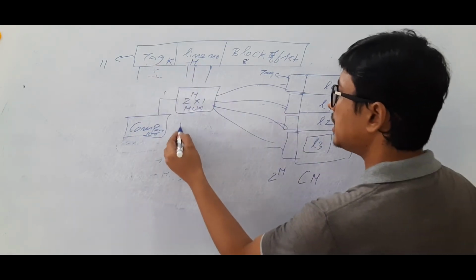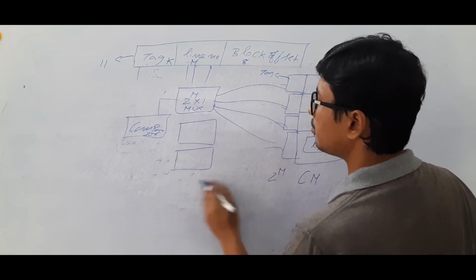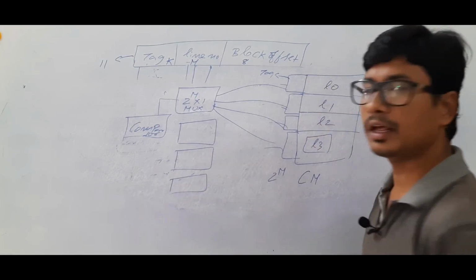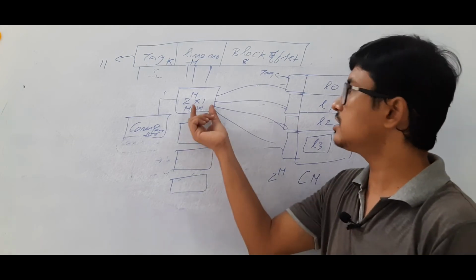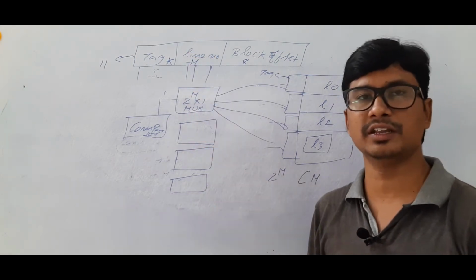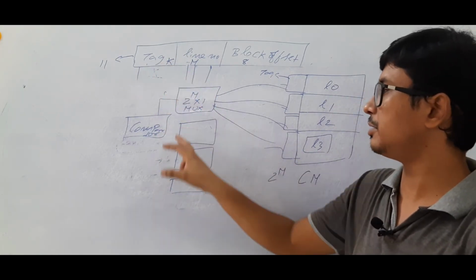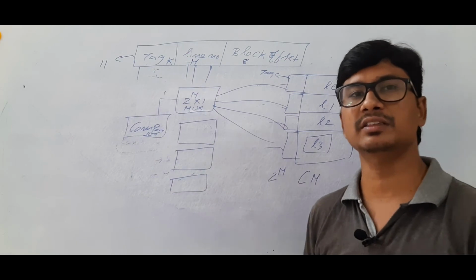So how many multiplexers are required? You need k multiplexers. Remember one thing, the size of the multiplexer depends on the number of bits in the line number. How many such multiplexers are required depends on the number of bits in the tag.